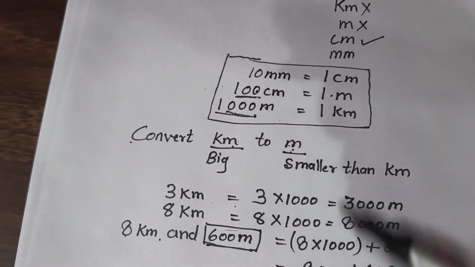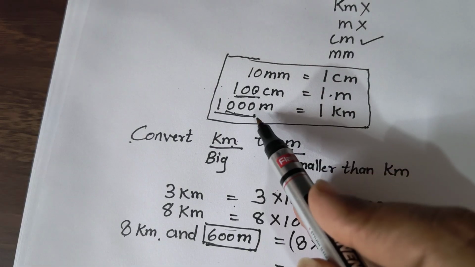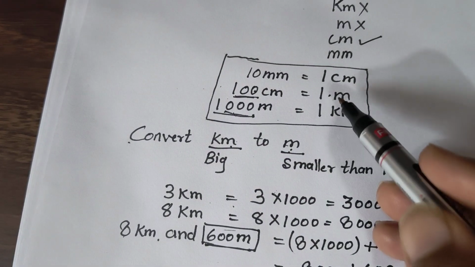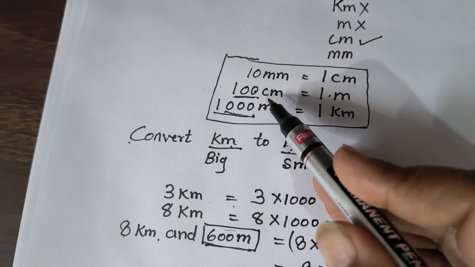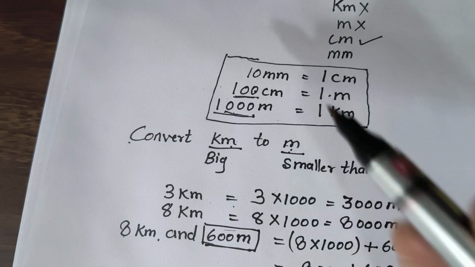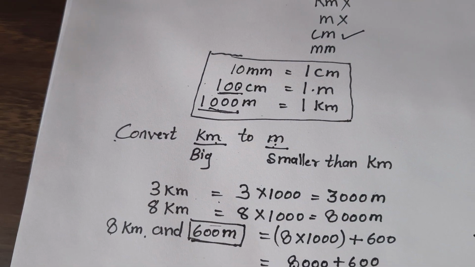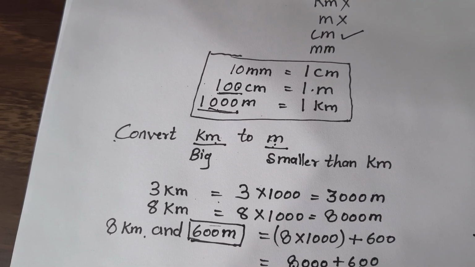For that you have to learn this table. किलोमीटर से मीटर में कन्वर्ट कर रहे हैं तो 1000 से मल्टीप्लाई करेंगे, मीटर से सेंटीमीटर में कन्वर्ट कर रहे हैं तो 100 से मल्टीप्लाई करेंगे, सेंटीमीटर से मिलीमीटर में कन्वर्ट कर रहे हैं तो 10 से मल्टीप्लाई करेंगे. Is that clear? Now please go through it so that it's clear in your mind. That's all for the video.